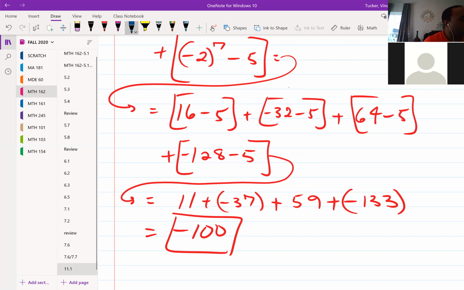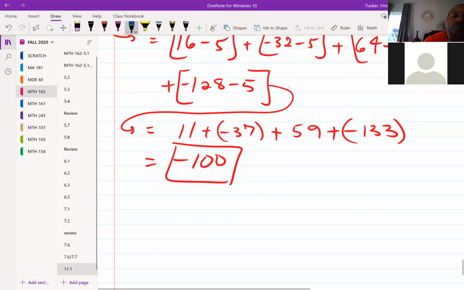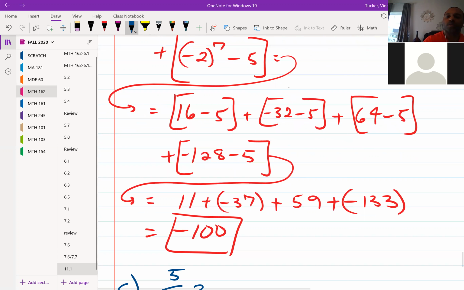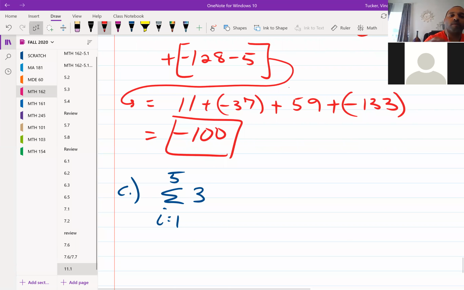All right, one more like this, just in case you were to see something of this nature. So here we're looking at the summation of 3 from 1 to 5. Now notice there's no i.